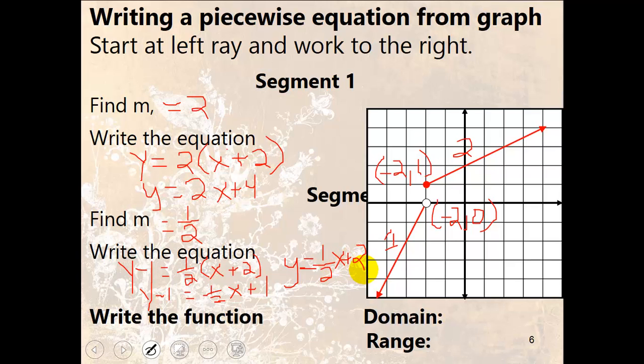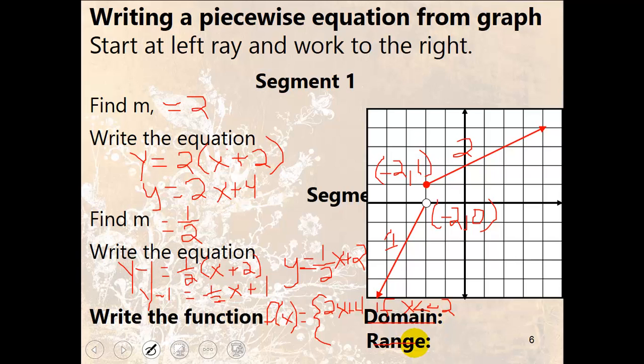So here is our function f of x equals 2x plus 4 if x is less than negative 2. I'm not going to worry about the domain and the range. We'll talk about that tomorrow.